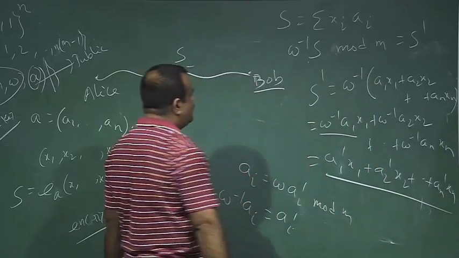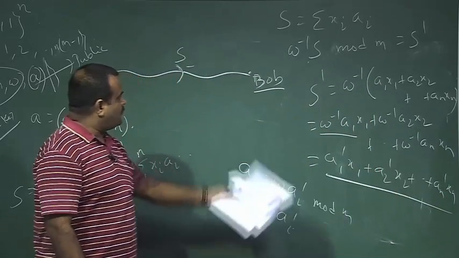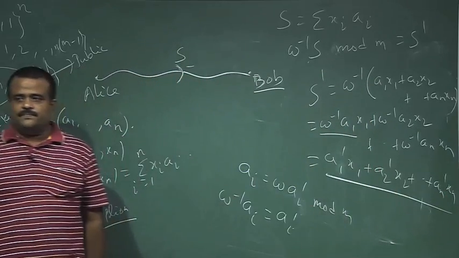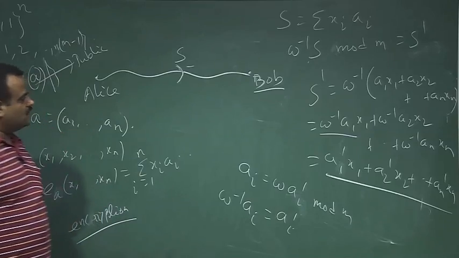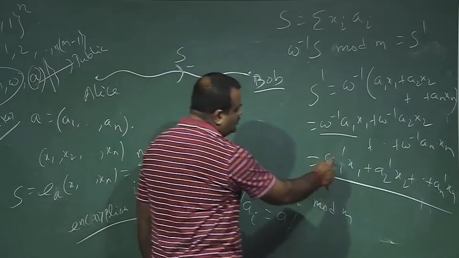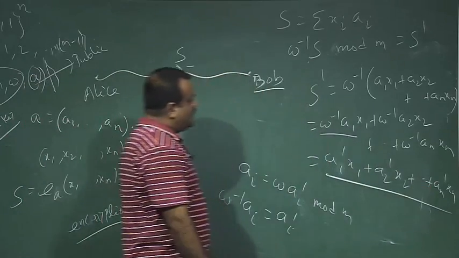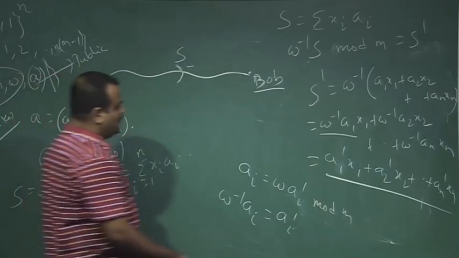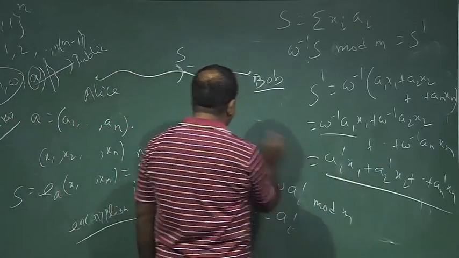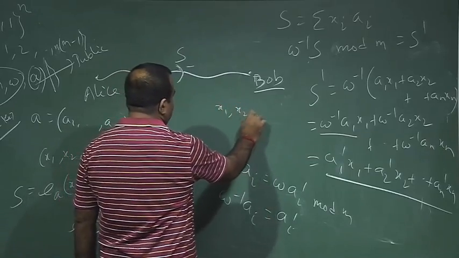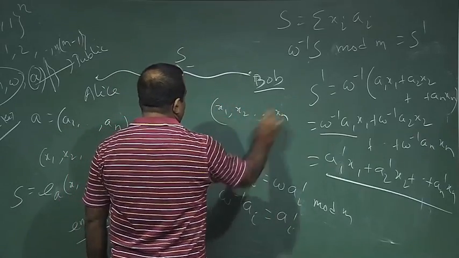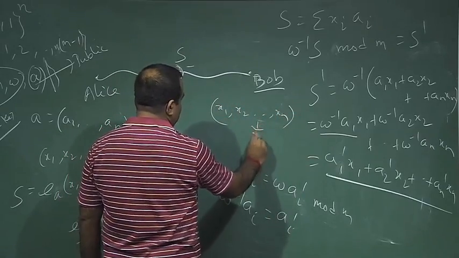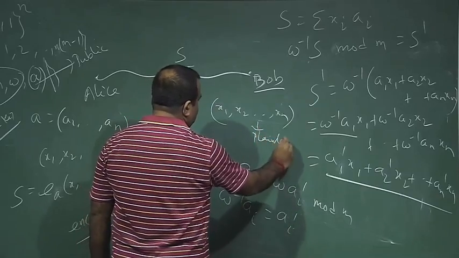Now Bob can apply that polynomial time algorithm, because this sequence is super increasing. Bob will apply it and get back the xi's, x1 x2 to xn. So this is the plain text, and this is the decryption process.